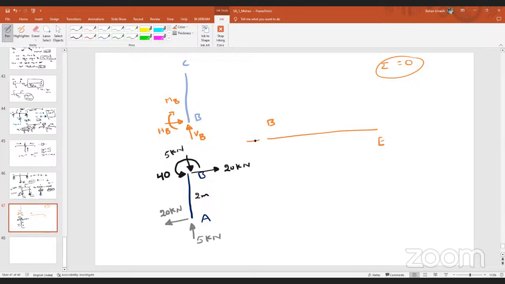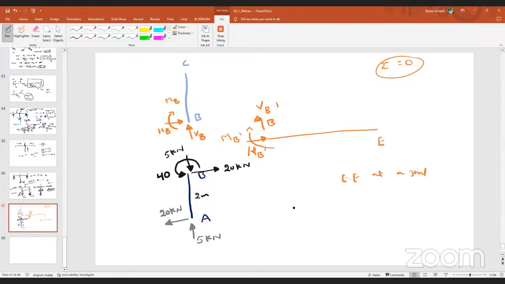Similarly, here also the reactions are not known. Let us say HB dash, VB dash, and also moment MB dash. But what will be my equilibrium equations at a joint? If you join them back, you should not have any net force.